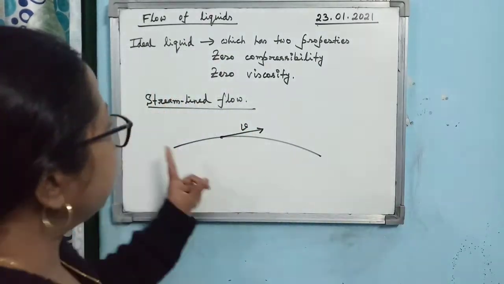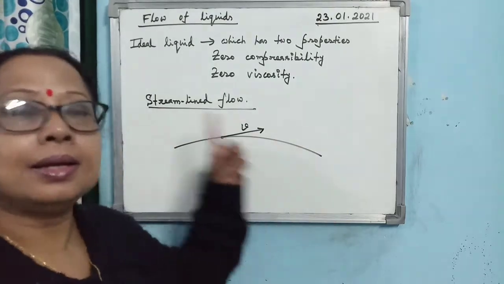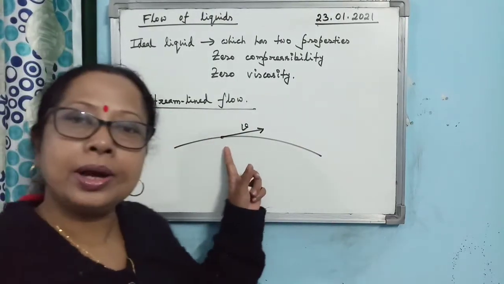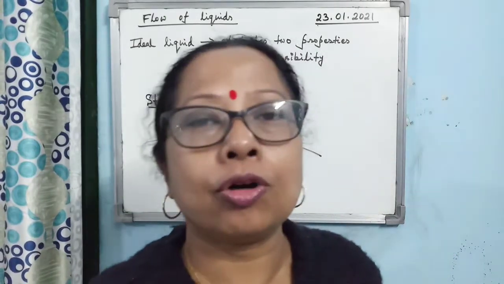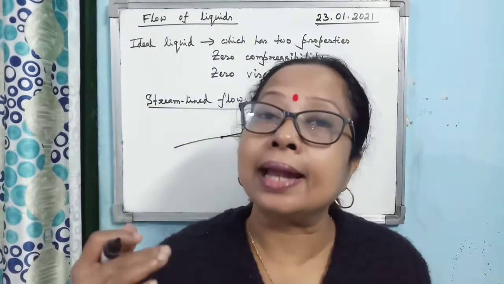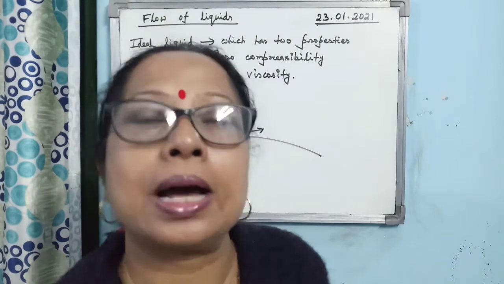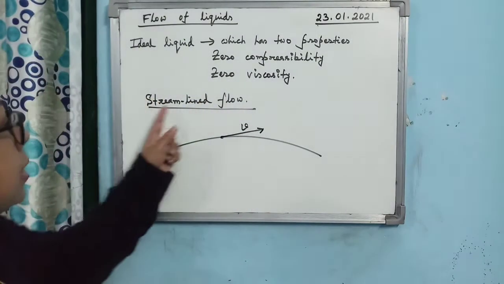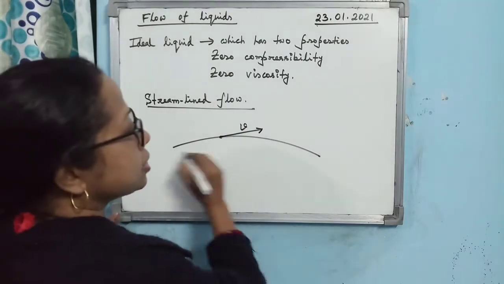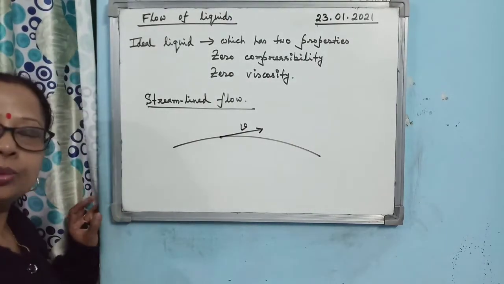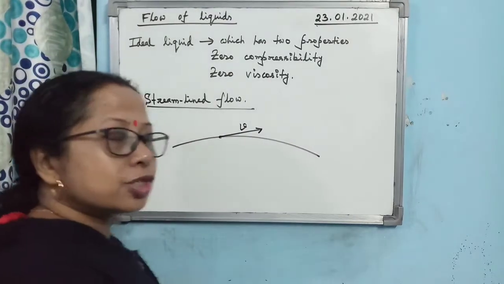Like that, when it is streamlined, the tangent drawn at any point represents the direction of motion of the liquid particle at that particular point of the path. So that is known as streamlined flow, and this line, the path along which the liquid is flowing, is known as the streamline.